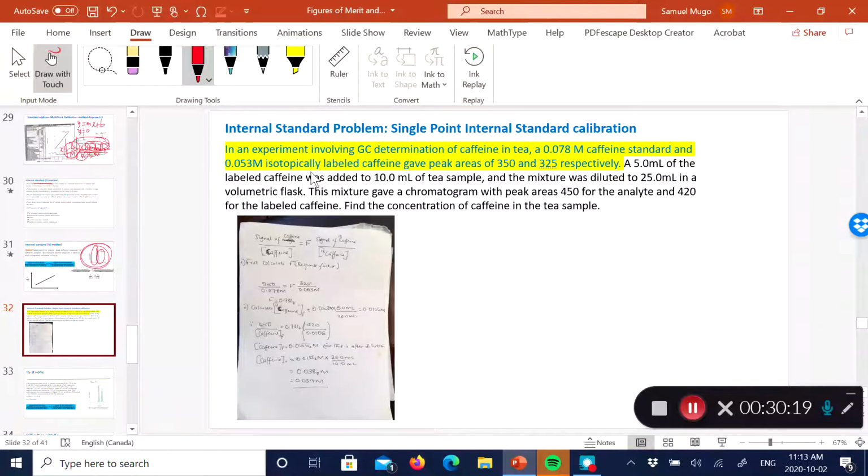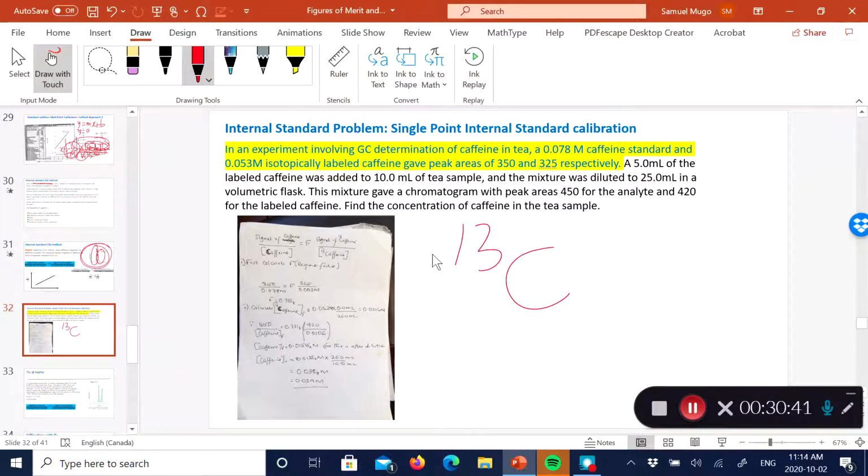So this is the most ideal internal standard, an isotopic label of the analyte. In this case you took the caffeine and spiked it with the isotopic label of caffeine, say caffeine carbon 13.